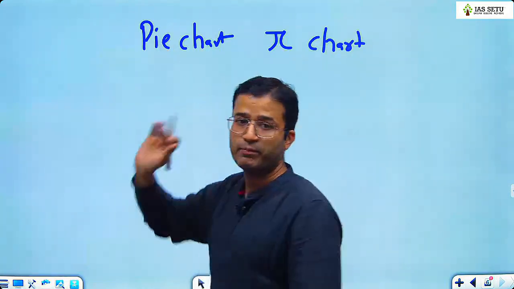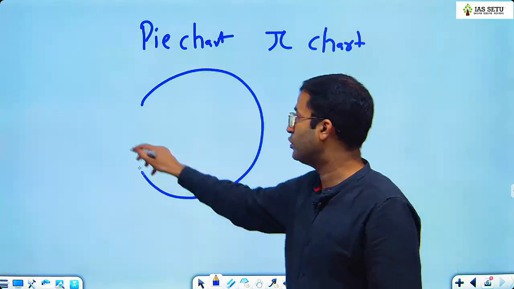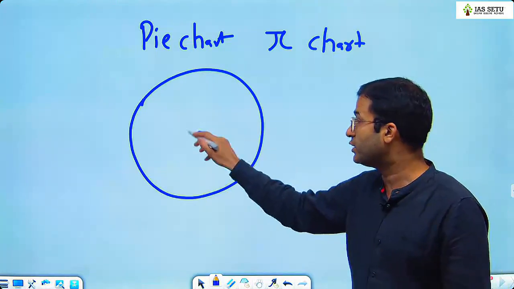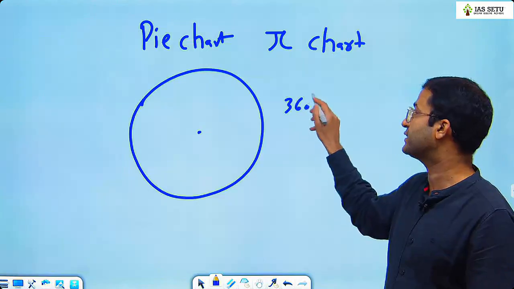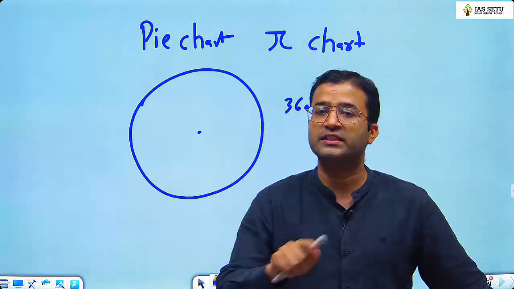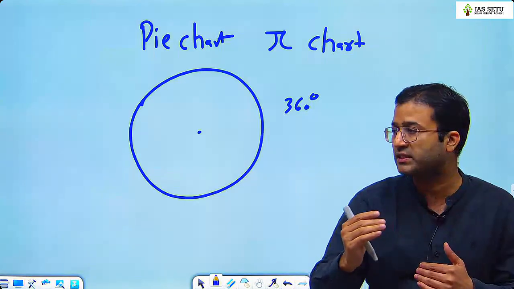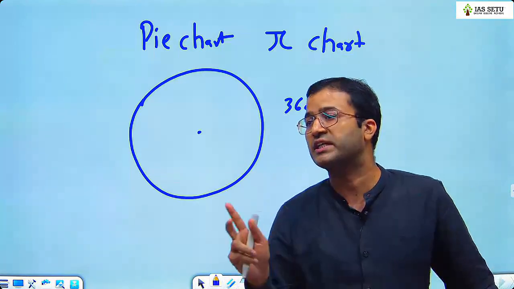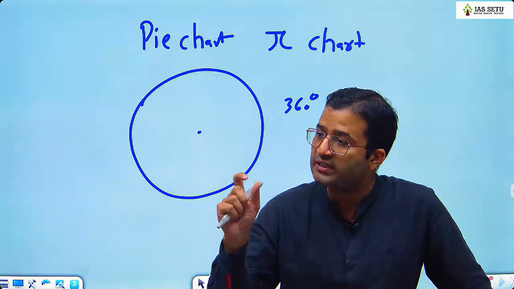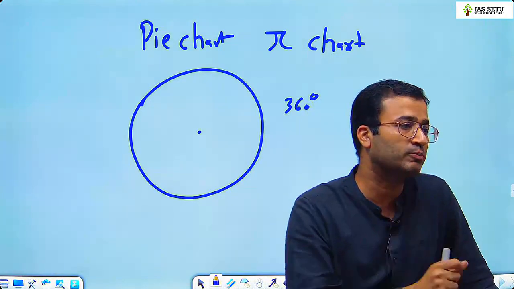It is same pie. A circular representation is called pie chart. Here, what is the total angle? 360 degree. तो actually angular representation is a pi representation. एक परसेंटेज की टर्म में presentation होता है, ये angular representation है. Pi is actually angle. Angular representation is known as pi representation.